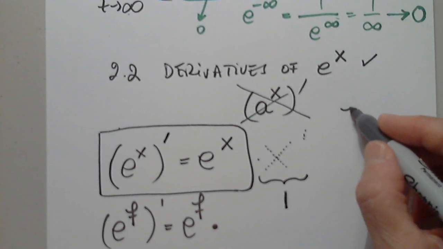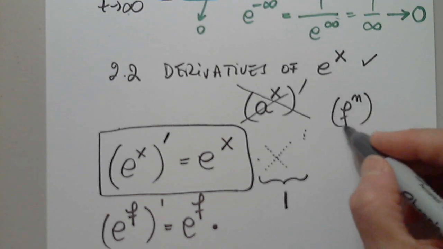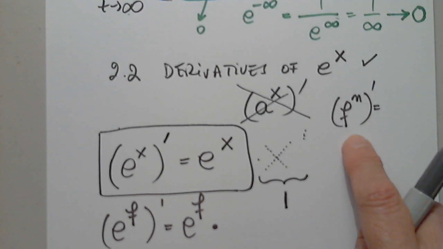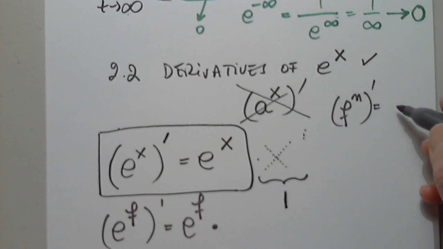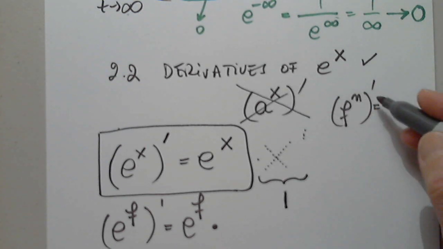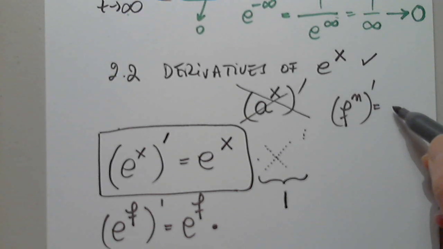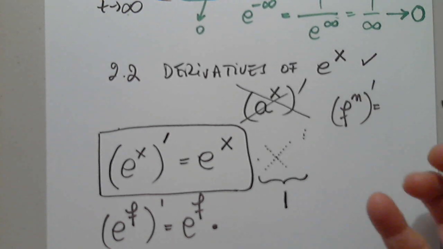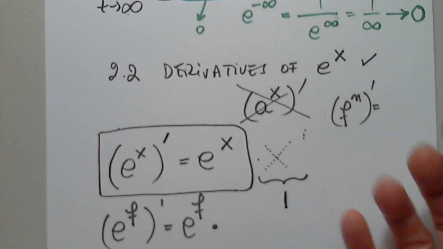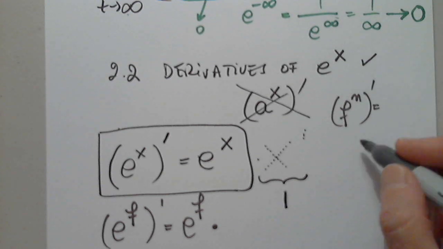How do we differentiate a function to the power n? How did we do this? What was the rule for a function raised to a power? We used it on the test, right? We used it so far.